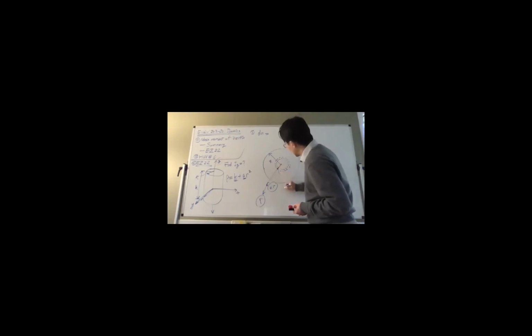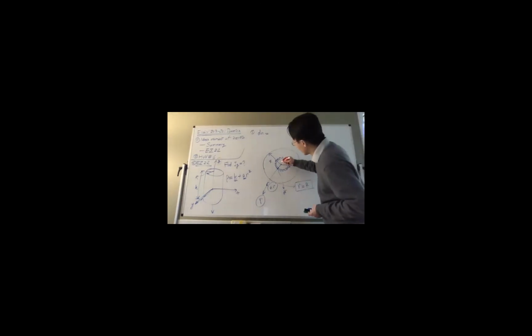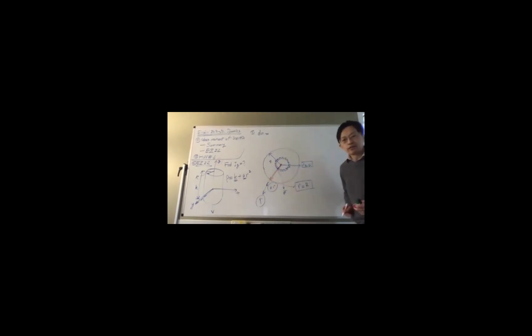The thickness here is dr, so we are integrating this ring from r equal to 0 to r equal to capital R, basically from this point all the way to here. And every time we calculate the volume of this ring.